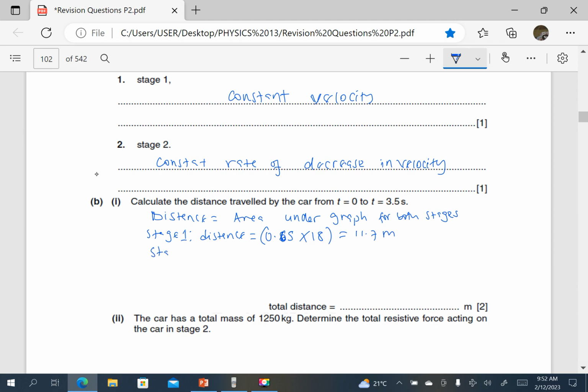Then stage 2 is a triangle. The distance is going to be equal to a half times the base. The base is 3.5 minus 0.65. Then times the height.